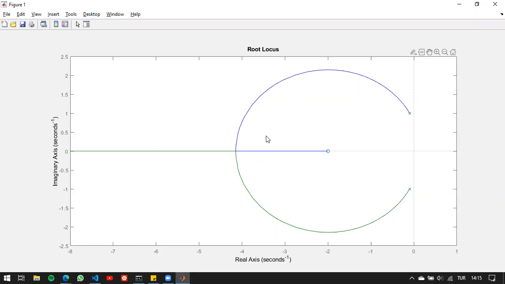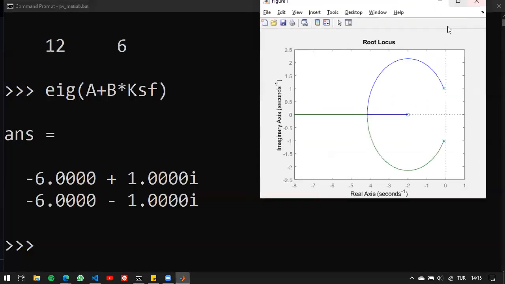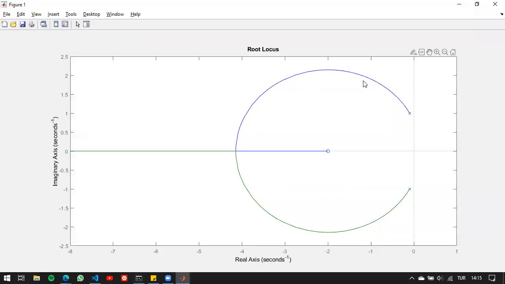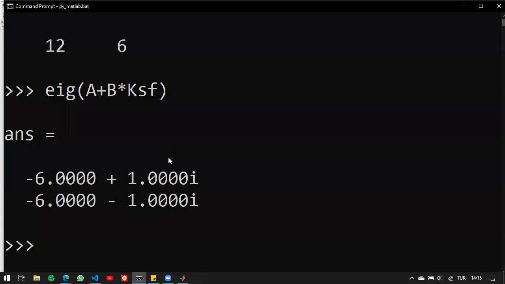Therefore, I can only assign these values. If I'm using the state feedback controller, the whole left half plane is open to my choices. So that's nice to have. Or you can use a feedback PD controller, which is basically, again, the same because k1x1 plus k2x2 is basically a PD feedback controller.